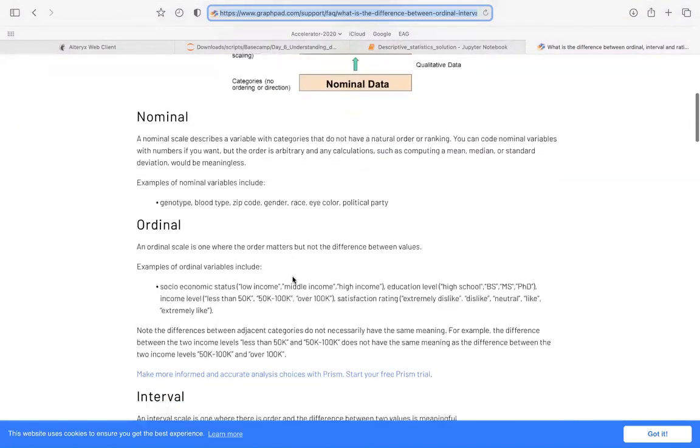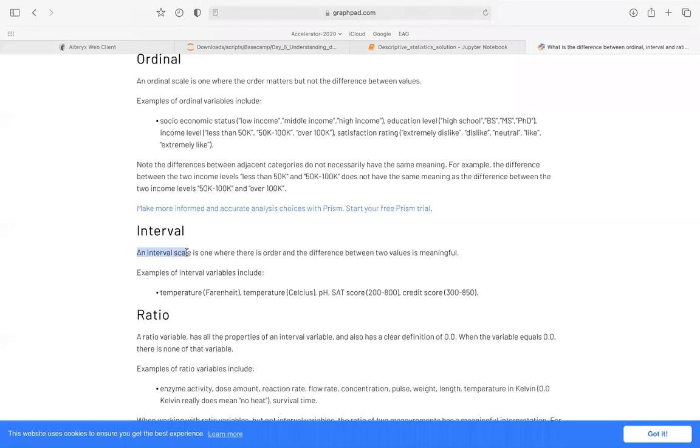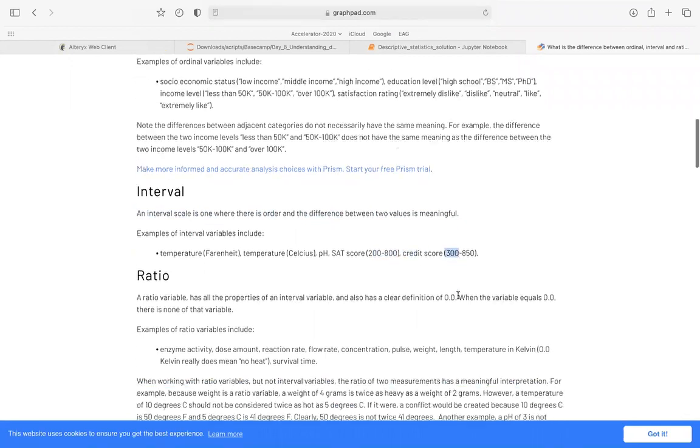So let's look at it. An interval scale is one where there is an order and the difference between the two values is meaningful. Examples of interval variables include temperature in Fahrenheit, temperature in Celsius, maybe your SAT score, which is between 200 and 800, or maybe a credit score where you're between 300 and 850.